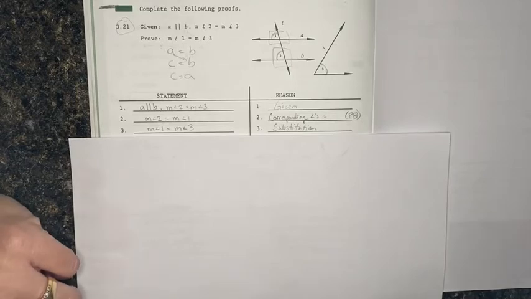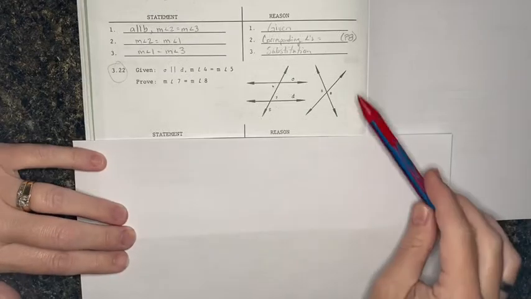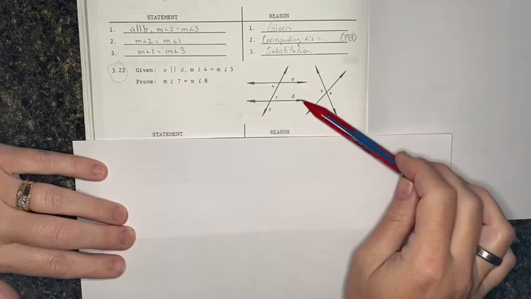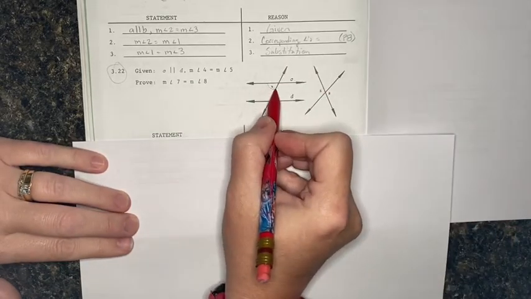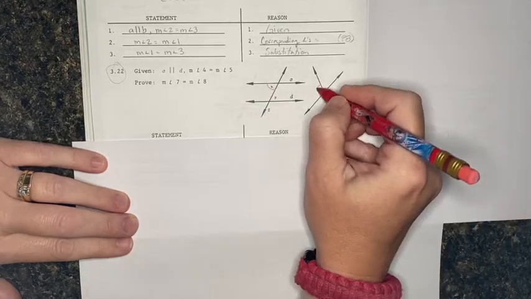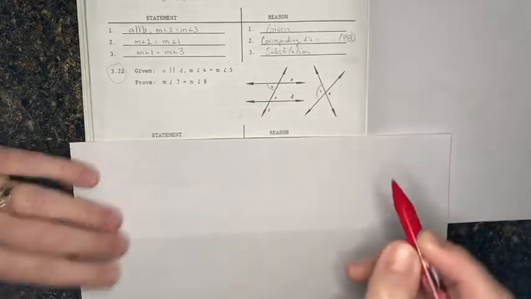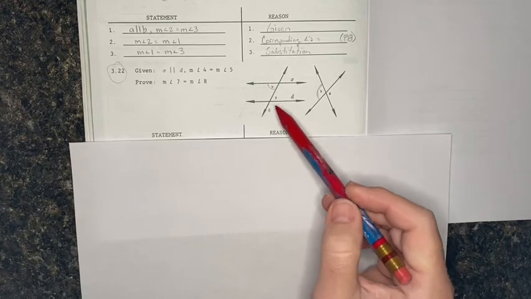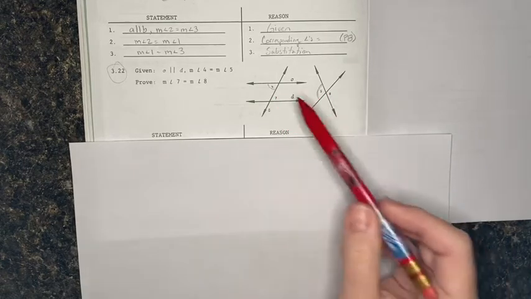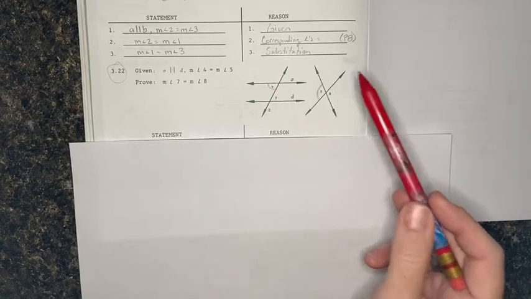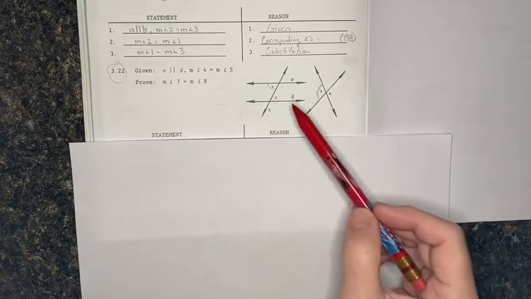Let's look at 22. So for 22, we're given that C and D are parallel, and that the measure of angle 4 is equal to the measure of angle 5. Now this time they want us to show that 7 and 8 are equal. So we have to think, with 4 and 5 being set up, can we get to 7 and 8?